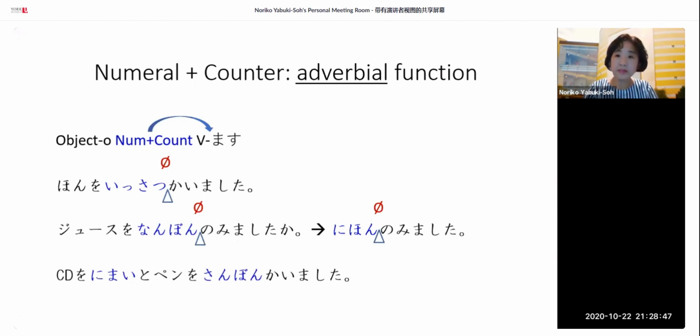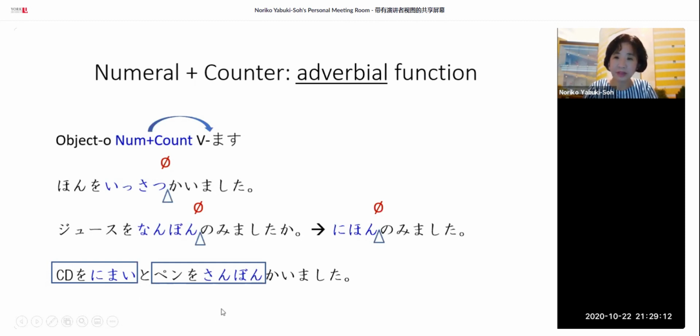Okay, so when you have two kinds of things that you bought and how many, treat them as two sets. So CD を2枚とペンを3本買いました. So CD を2枚、ペンを3本. Connected with と in between. 2 CDs and 3 pens. Connected with と.